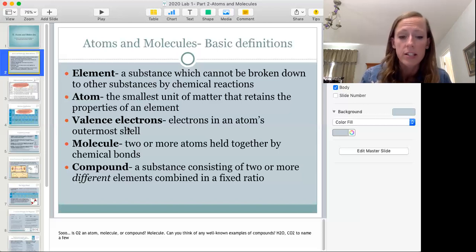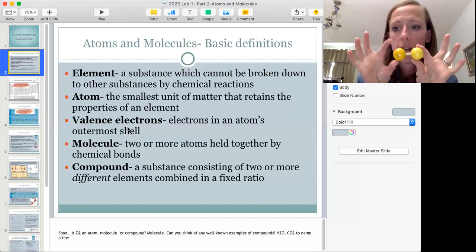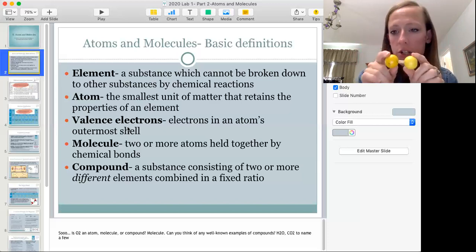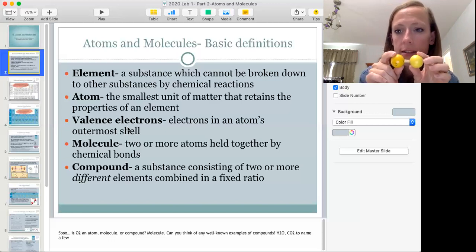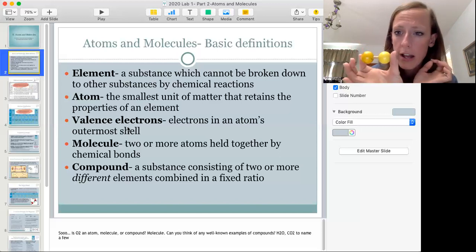A molecule then is formed when 2 or more atoms are held together by chemical bonds. So for instance, I have here a molecule of hydrogen. I have 1 hydrogen, 2 hydrogens, and because they each have 1 electron, but their first shell is capable of holding 2 electrons, they tend to form a bond, molecular hydrogen.